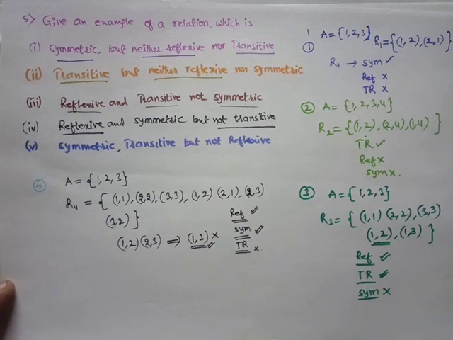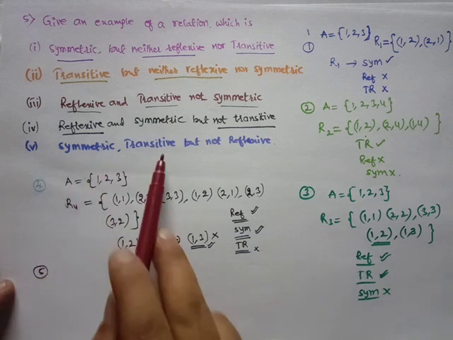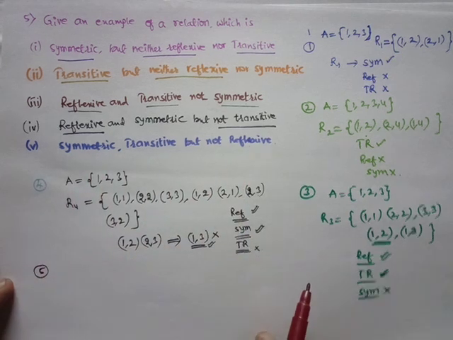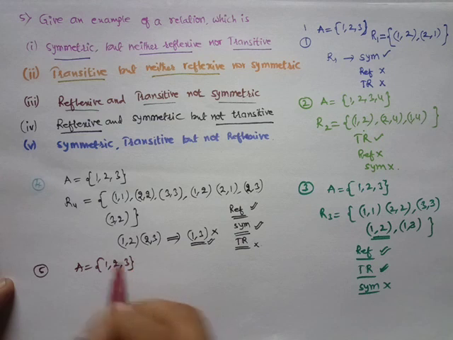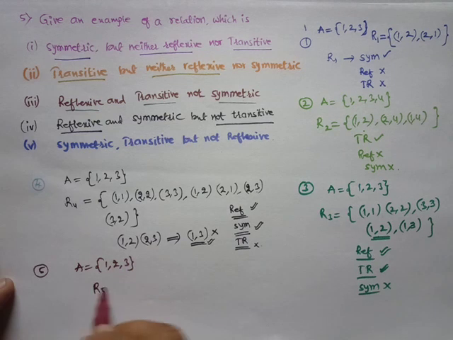Now coming to the next, the last one. Look at the fifth question, symmetric, transitive but not reflexive. So consider the set A equals {1, 2, 3}, and I'm considering it as R5.